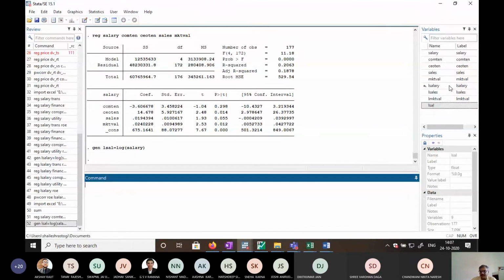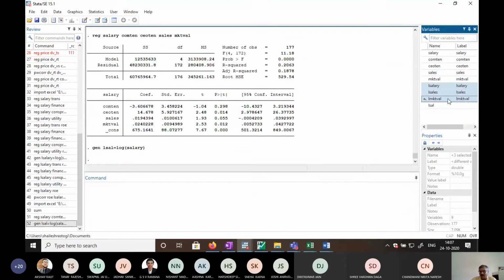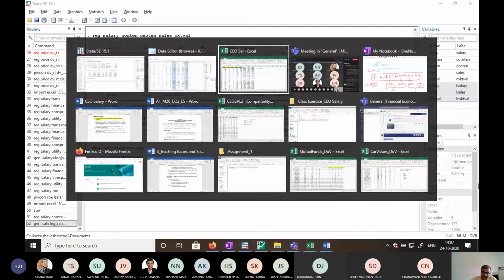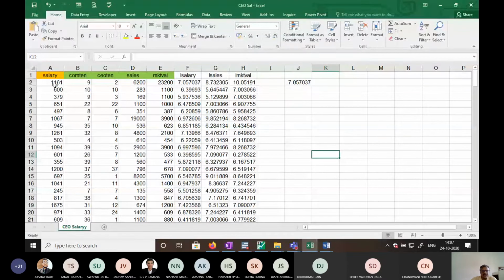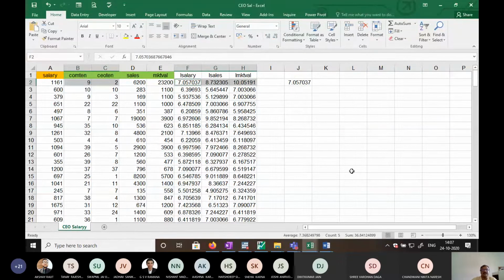Just because it has already been done, as you are finding, I have already calculated the log of salary, log of sales, and log of market value. We have discussed that because these are of higher values and these two are lower values, there might be some inconsistency. To avoid that, if you compare these three with these two, you will find that the data is now at a comparable level, which was not the case earlier when we had non-log values of salary, sales, and market value.